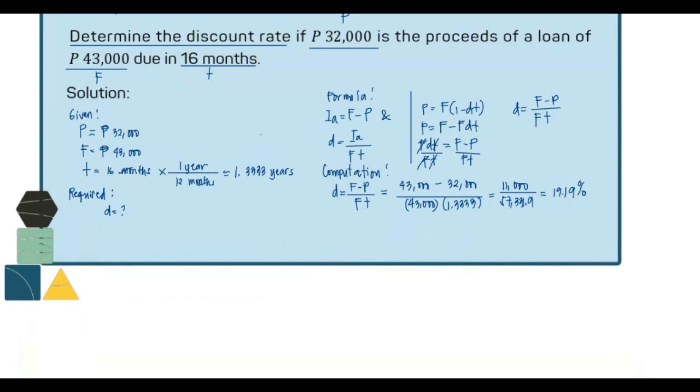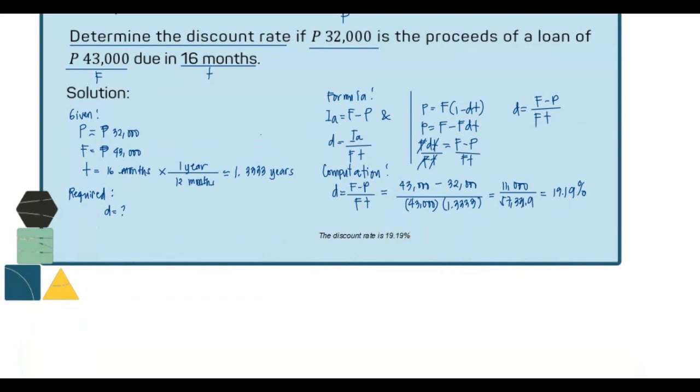Okay? And then for the conclusion, of course, we need the conclusion out of the problem. We have to answer the problem. So for the answer, it would be that the discount rate is 19.19%.